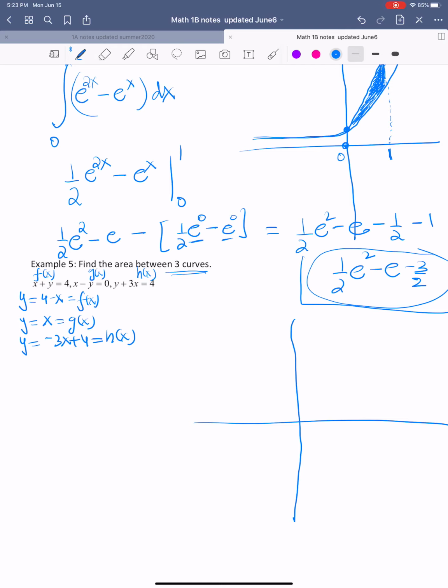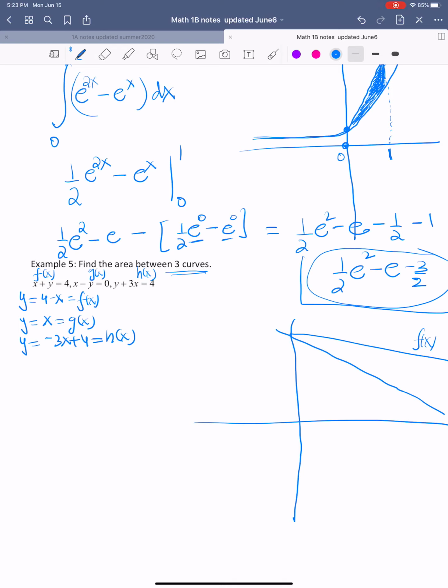All right, so let's go ahead and graph these three lines. Where does the first line, f of x, meet the x-axis? It will meet the x-axis at x equals 4. It will meet the y-axis at 4. So the first line f of x would be something like that. And the second line would be something like this, going this way.